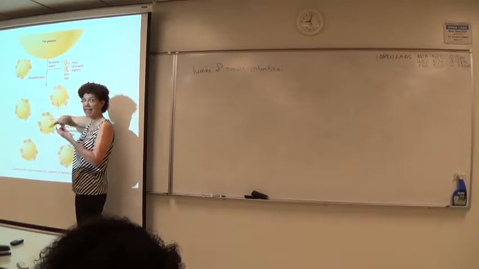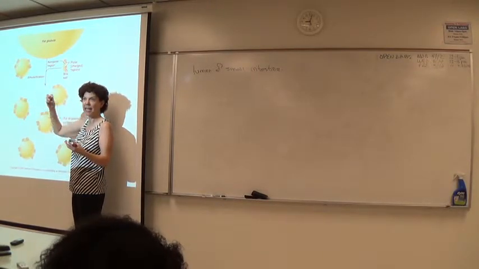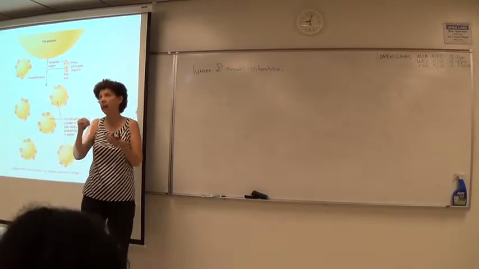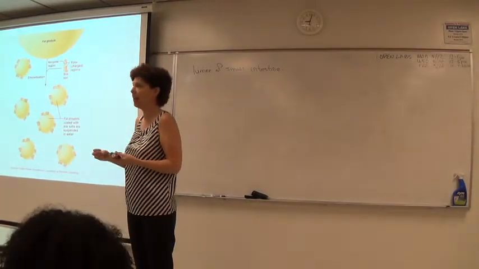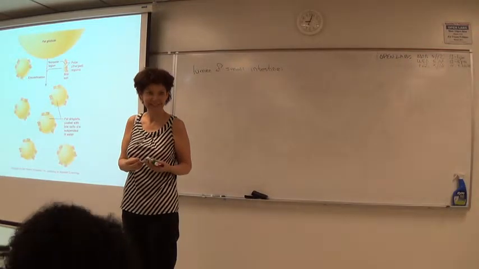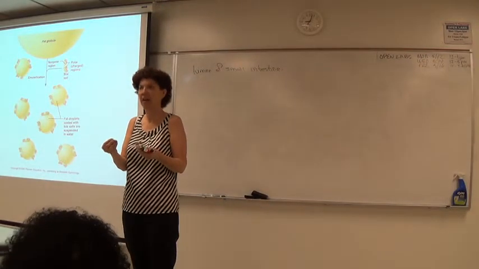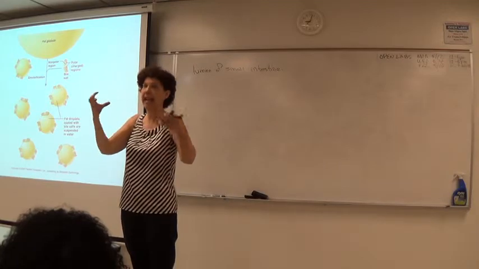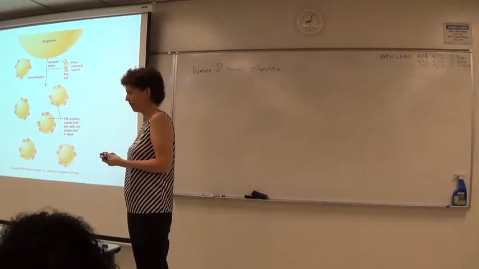So that maintains the emulsification. The bile salt does not chemically break down the lipid droplets. It's still a lipid. Okay? All it does is maintain the increase in surface area.